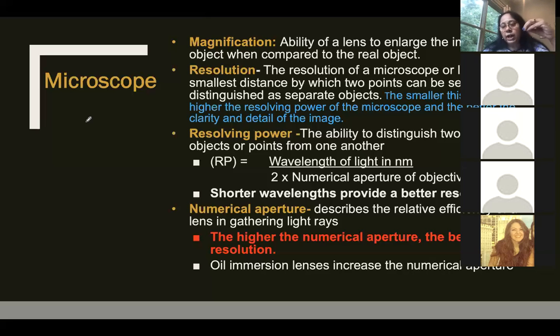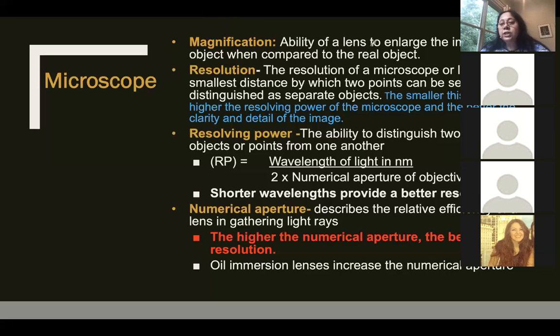All those are characteristic features of your dress or your t-shirts. For a microscope, there are two very important characteristic features. One is the magnification and the other one is the resolution.